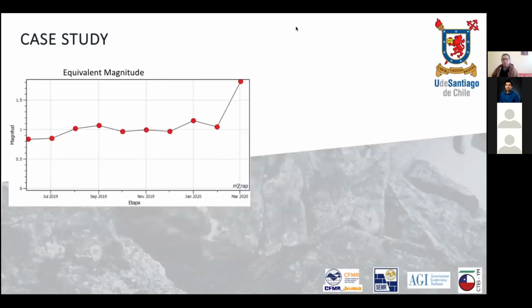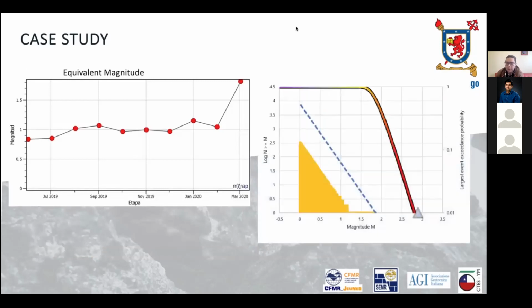Based on that, we can calculate the equivalent magnitude for each excavation step. However, as we discussed previously, the equivalent magnitude can be decomposed into this synthetic data, and we can calculate the distribution, the Gutenberg-Richter fit here.